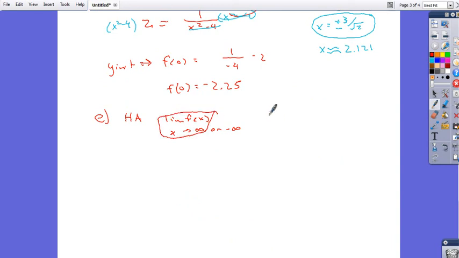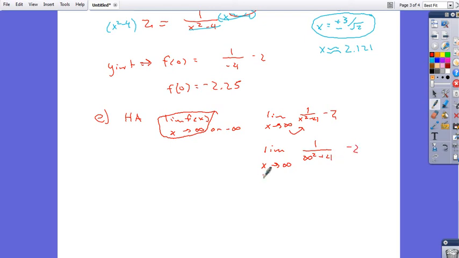Let's do the limit of the function, 1 over x squared minus 4, minus 2, as x approaches infinity. Let's do the direct sub of infinity: 1 over infinity squared minus 4, minus 2.